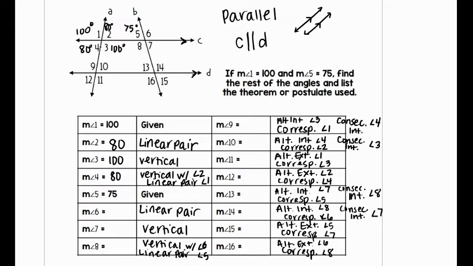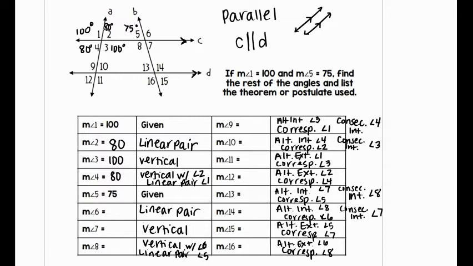So now to figure out these angles down here, 9, 10, 11, and 12, we're going to use the top ones to figure out the bottom ones. So for angle 9, we can see that angle 9 is an alternate interior angle with angle 3.